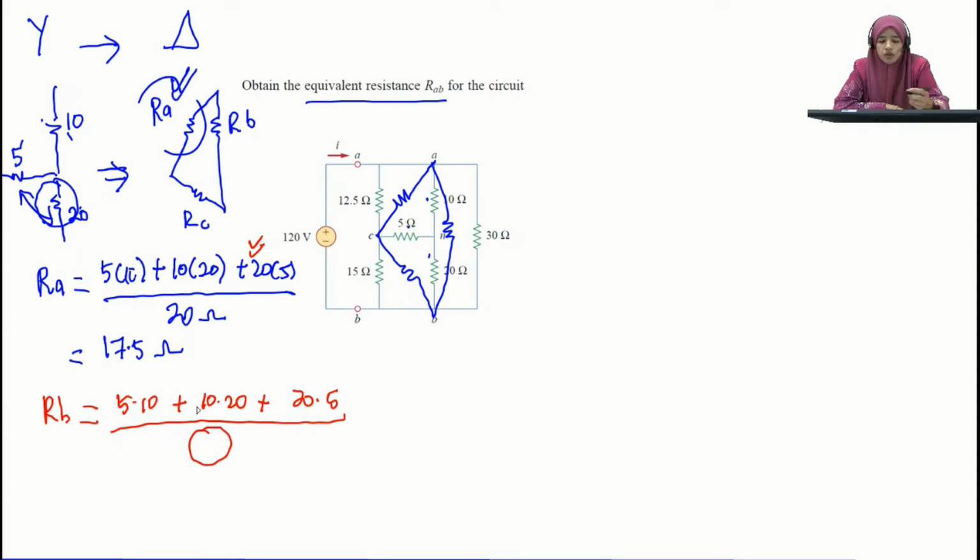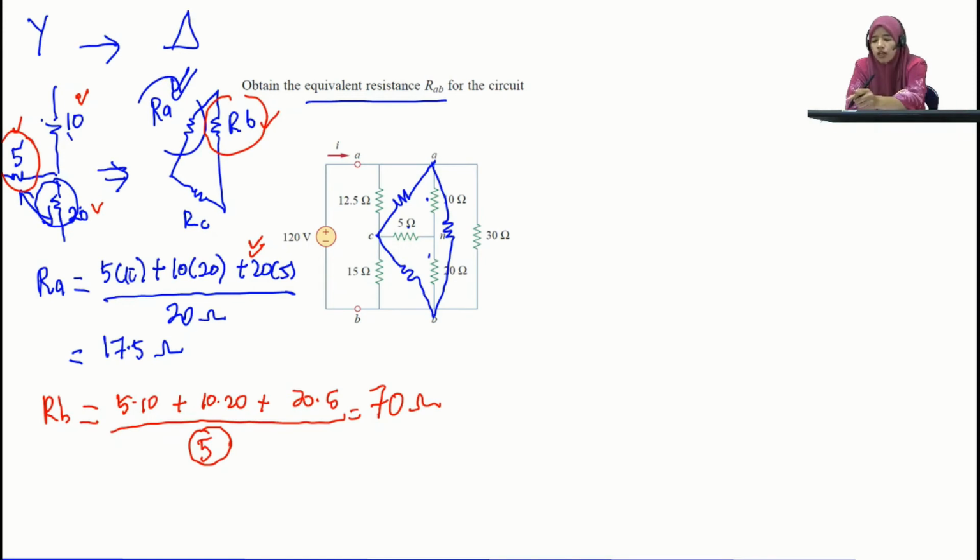So what do you think the value is? Since we are doing RB, which involves this R value, we take the denominator as 5. Use your calculator, and you're going to have 70 ohm for the new resistor RB.